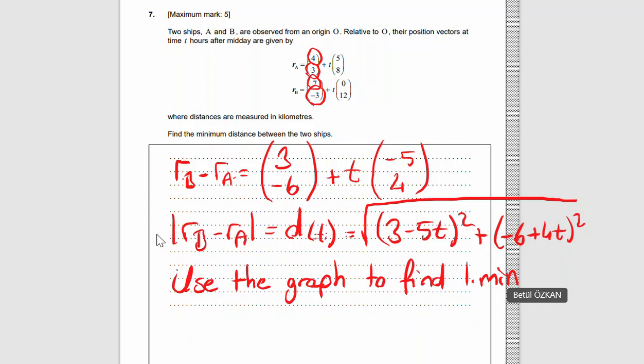Then local min represents our answer. Let me just write d of t will be equal to our answer according to given graph. Okay, the question actually has the answer part like this, but I just need to identify the answer via TI.